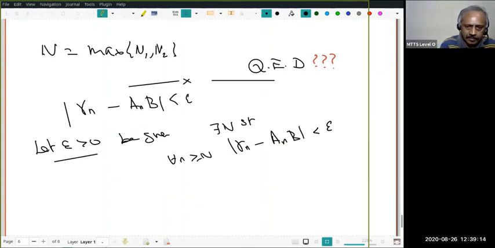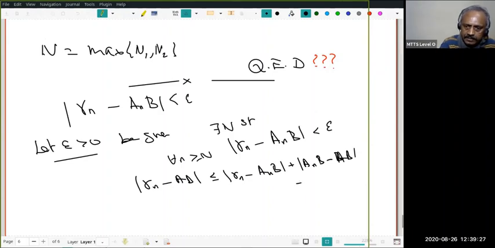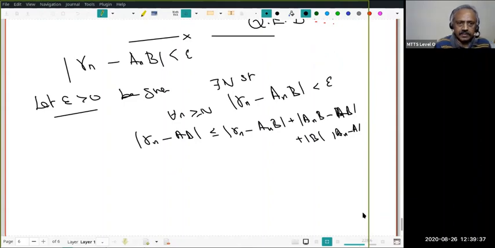You understand? Because mod gamma n minus AB will be less than or equal to mod gamma n minus A_n B plus mod A_n B minus AB, but this is mod B into mod A_n minus A, etcetera. You understand? So it's enough to show this is less than epsilon. Are you following? Okay. So I have to choose capital N.